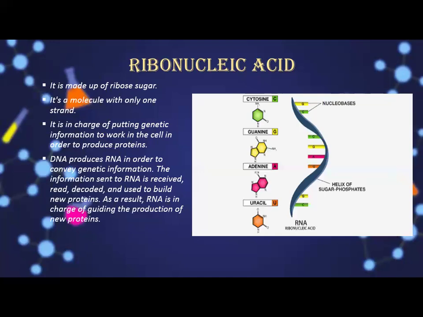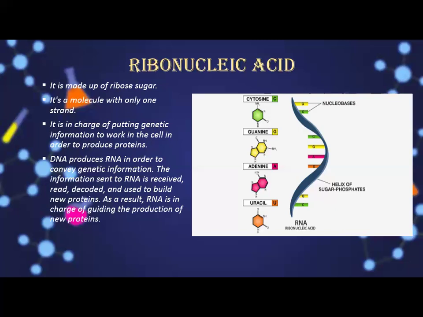It is in charge of putting genetic information to work in the cell in order to produce protein. Yes, as I have told you, ribonucleic acid is in charge of the production of protein. It is responsible for making protein in our body. And DNA produces RNA in order to convey genetic information. DNA conveys its messages through the RNA.